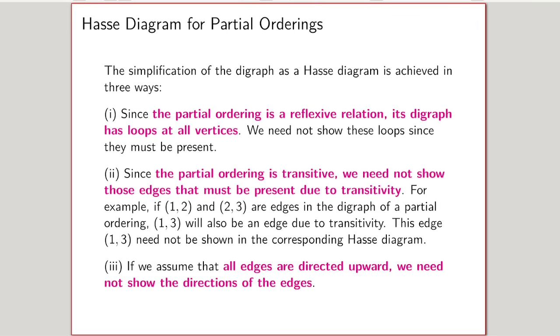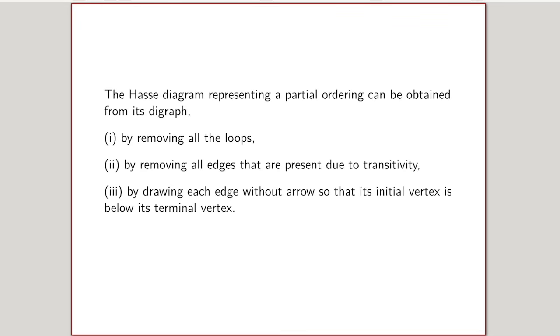And in the last step, we know that all the edges should be in the upward direction. So if we have them in the upward direction, we need not show the direction of the edges. So these are the three steps to draw the Hasse diagram: removing all the loops, removing all the edges that are present due to transitivity, and drawing the edges without arrow marks.